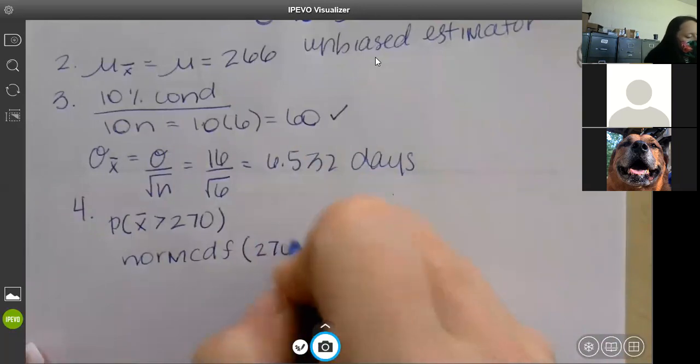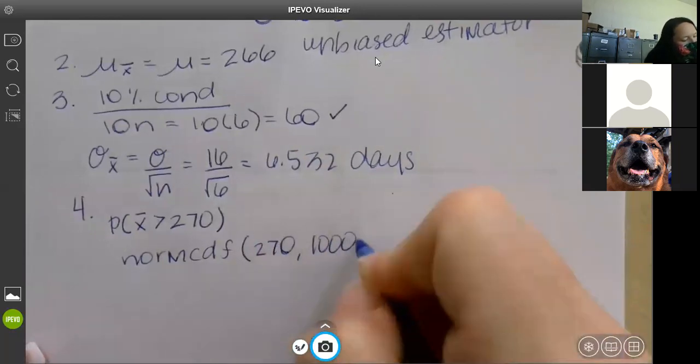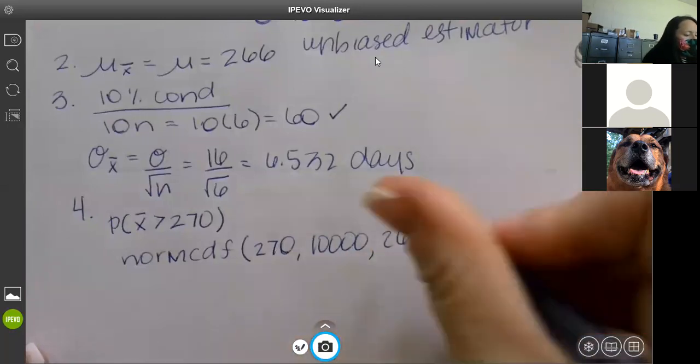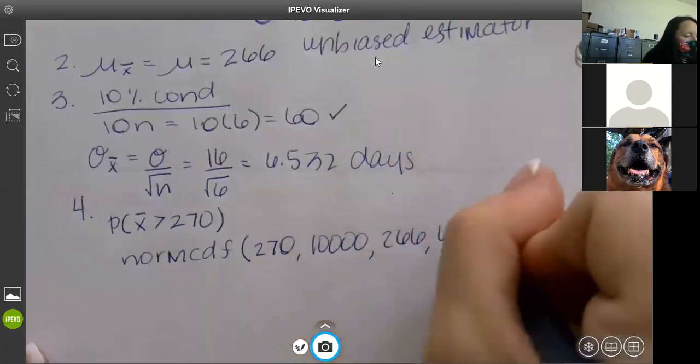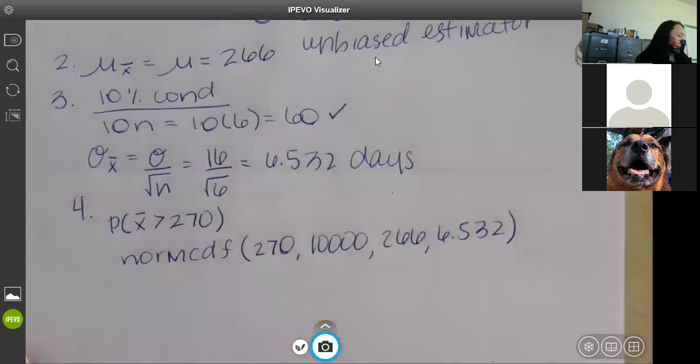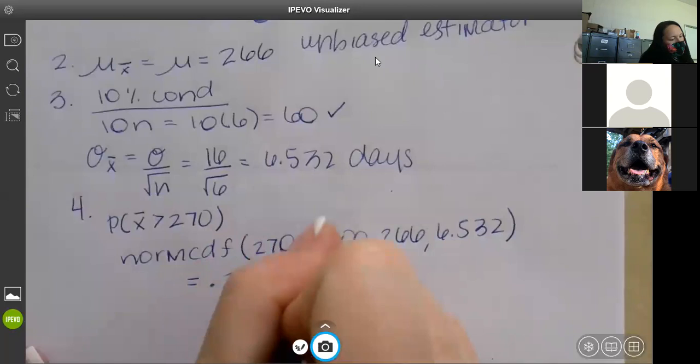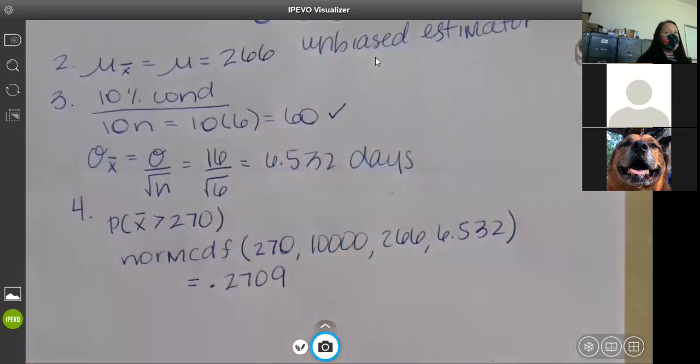We want 270 as our lower, 10,000 as our upper. Our mean stayed the same, and our new standard deviation for the sample was 6.532, which gives us 0.2709.